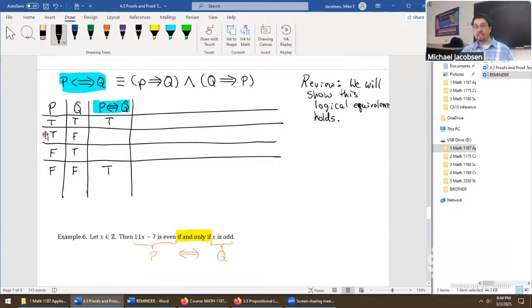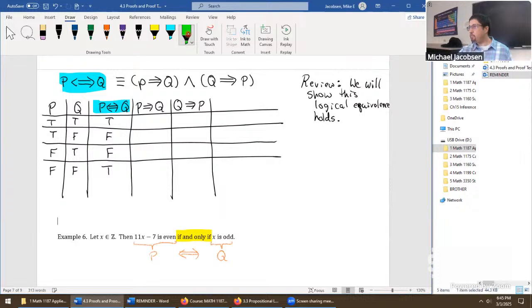We only get false when P and Q have opposite truth assignments, which is in the middle two rows right here. Now, I'm going to take a couple steps, do P implies Q, then Q implies P, and then we'll go to the actual thing we're trying to show, P implies Q and Q implies P.